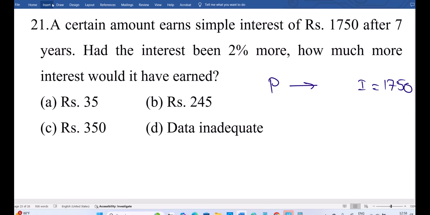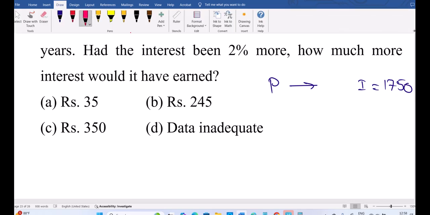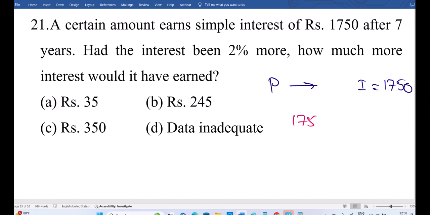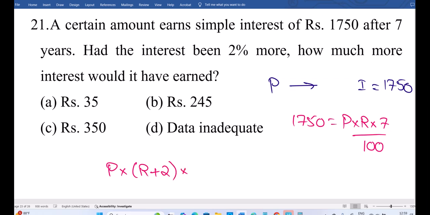So 1750 is nothing but P into R into 7 divided by 100. Now the question, if the rate of interest is 2% extra, so P into (R plus 2) into 7 divided by 100 will give what extra amount is the question.